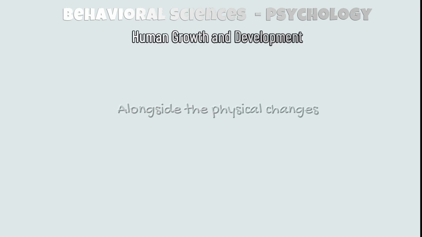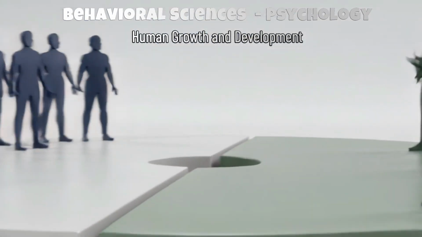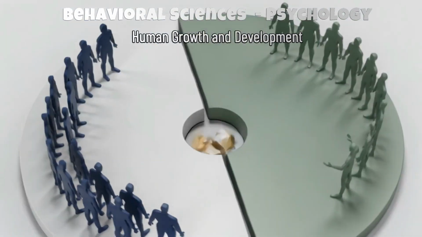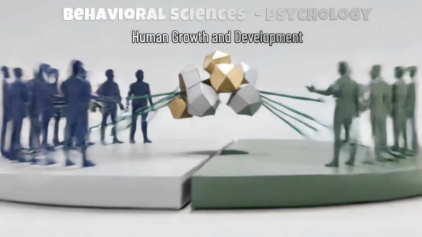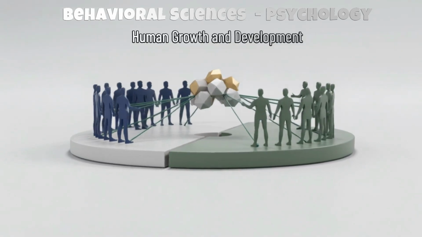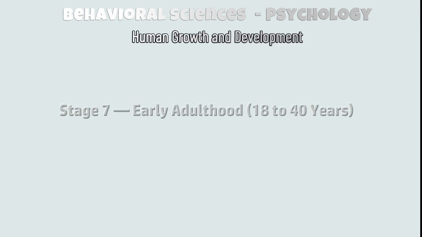Alongside the physical changes, adolescents are working through a critical psychological task, which is forming their identity. Who am I? What do I believe? Where do I belong? These are the central questions of adolescence. Peer influence becomes very powerful during this stage, and young people are particularly vulnerable to risky behaviors if they lack proper guidance.